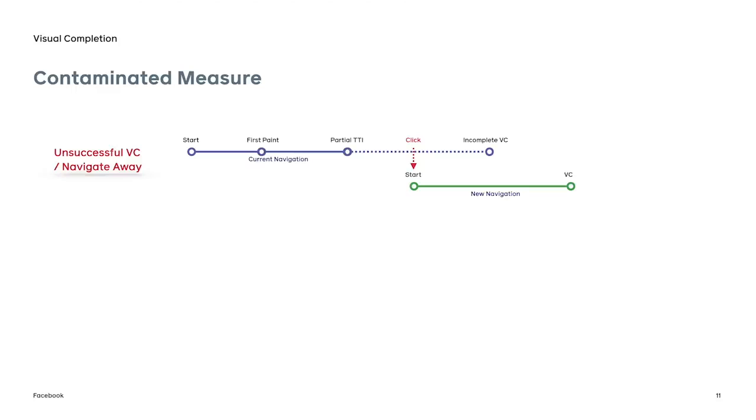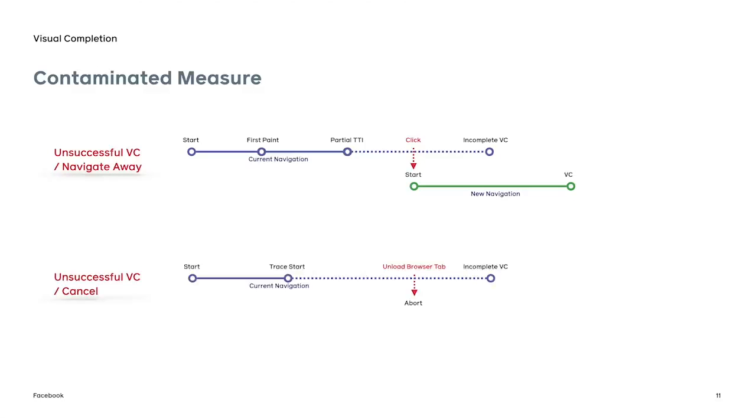However, sometimes users can experience that page load is very slow, so they tend to start a new interaction before visual completion is done, or even close the entire browser tab. We can distinguish these cases by logging additional tagging as unsuccessful visual completion.